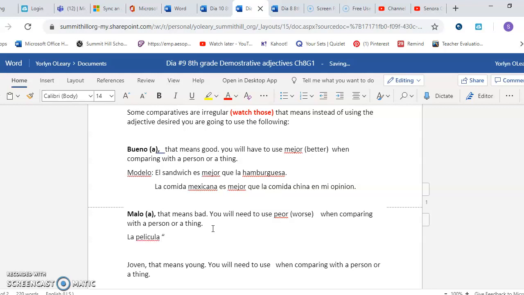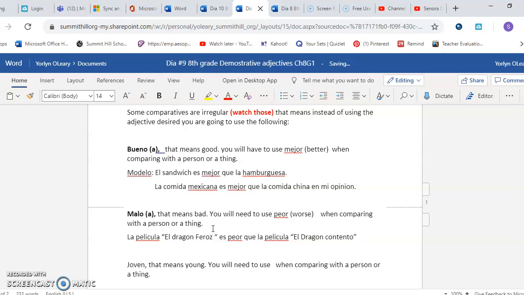La película El dragón feroz es peor que la película El dragón contento. Those are just made up movies.